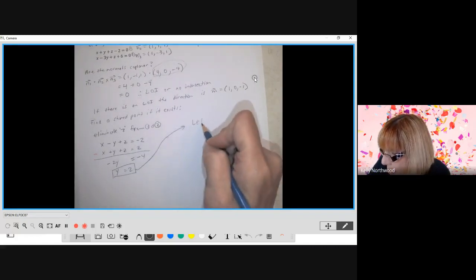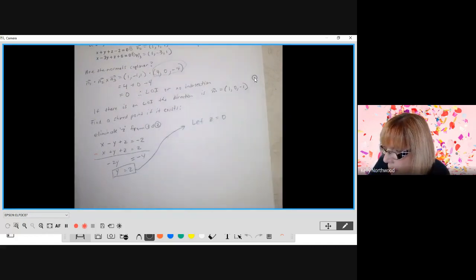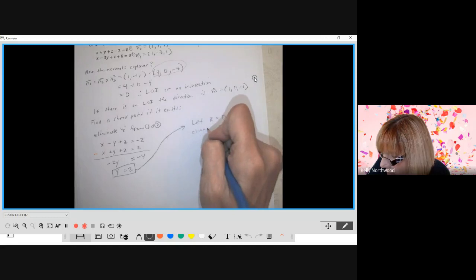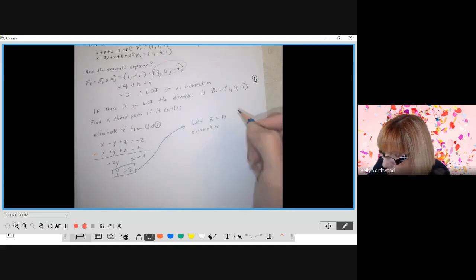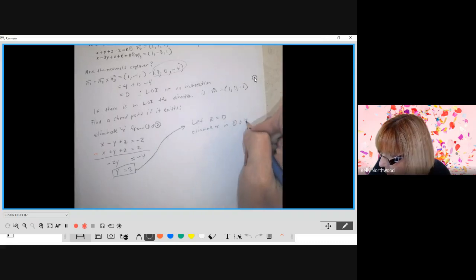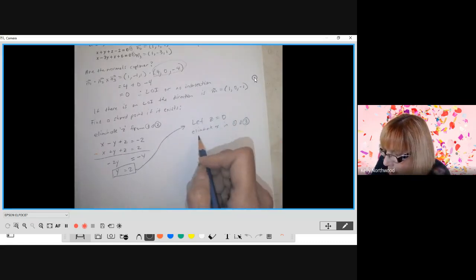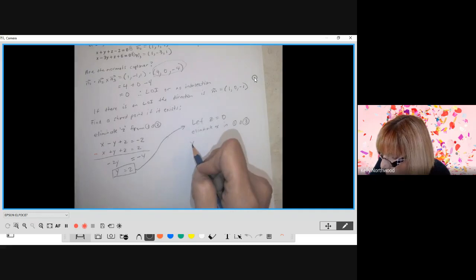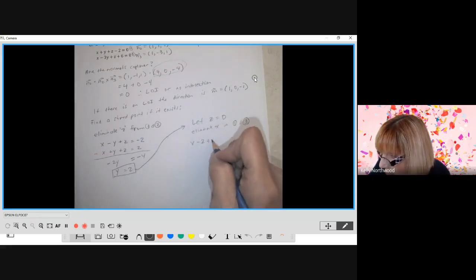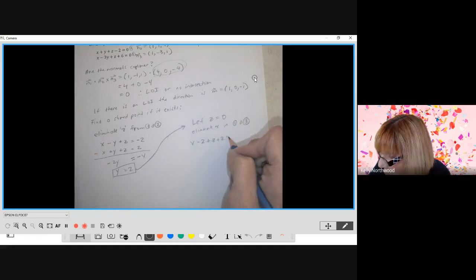So let's let z equal 0 and eliminate x. And we'll use equation 3, so we'll eliminate x in 1 and 3. So we've got x, but remember y is now 2. So x minus 2 plus z plus 2 equals 0. That's equation 1, which I'm going to have to clean up.